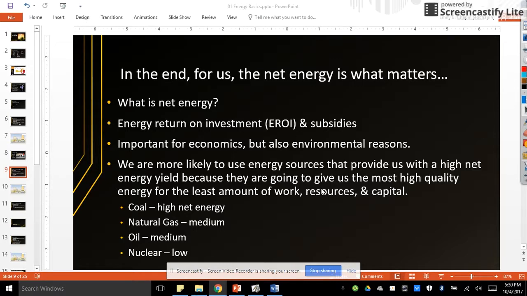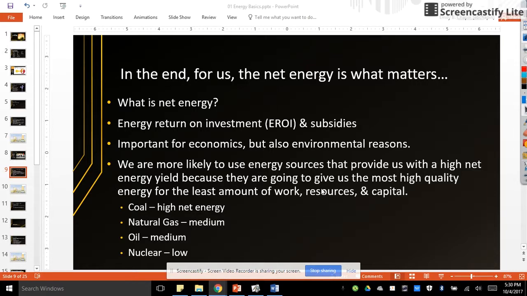So in the end, when we're thinking about our energy resources, we are most concerned with the net energy because that is what's going to incorporate the energy needed to obtain an energy resource. And what that means is the high quality energy needed to extract or obtain your energy resource.